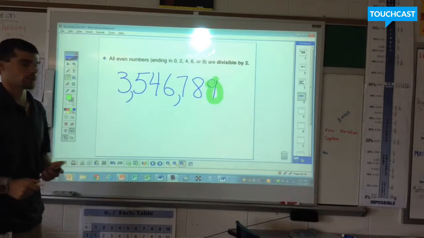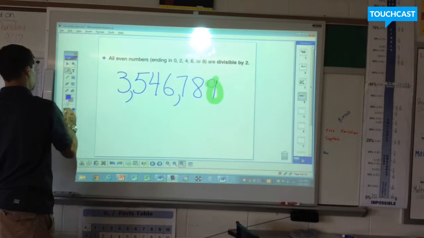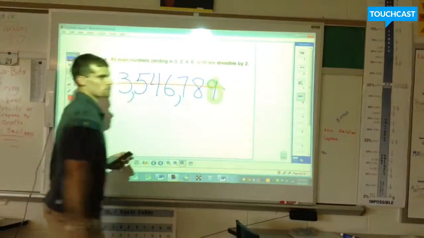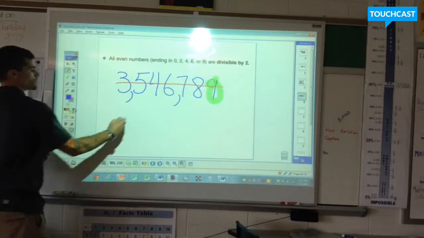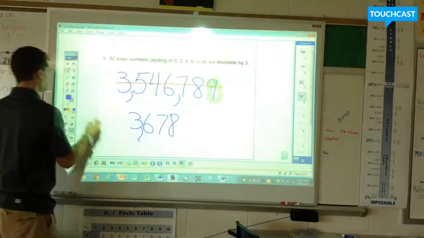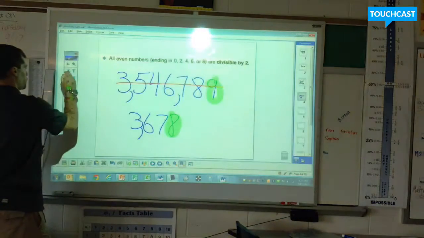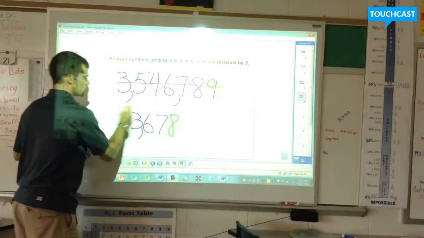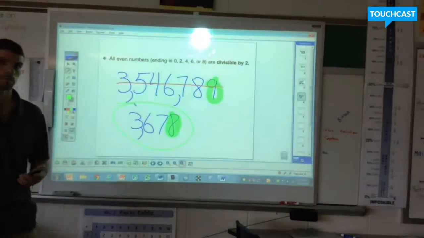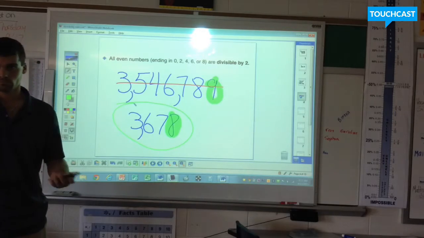If it's odd, it is not divisible. 9 is odd, so that would not be divisible by 2. If the number ends with an even number, then that would be divisible by 2. Okay, so remember with 2, if it's even, it's divisible. If it's not, it's not divisible.